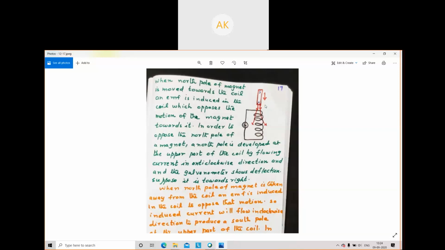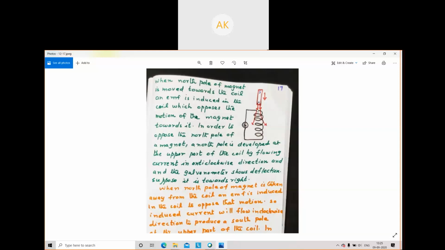That means the magnetic flux linked with the coil decreases when the magnet is moved away, and then also an EMF will be induced. So, whether it is an increase in flux or a decrease in flux, that is a change in flux. Change in flux is to be opposed.